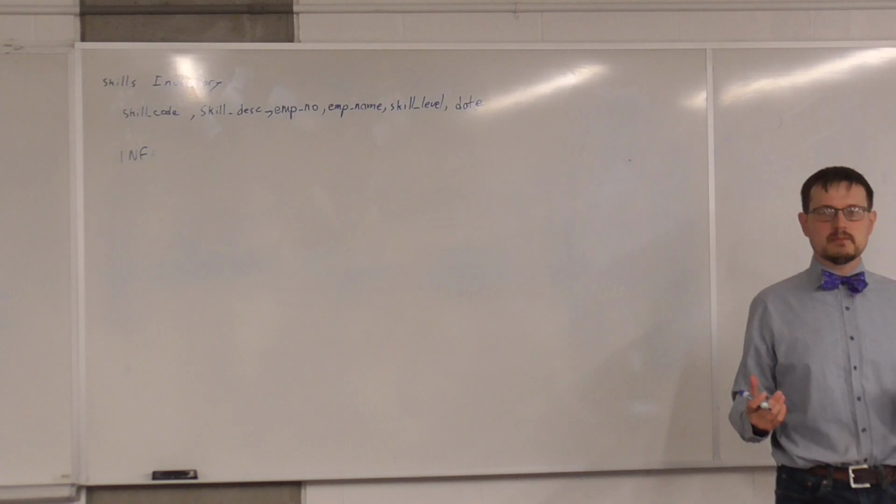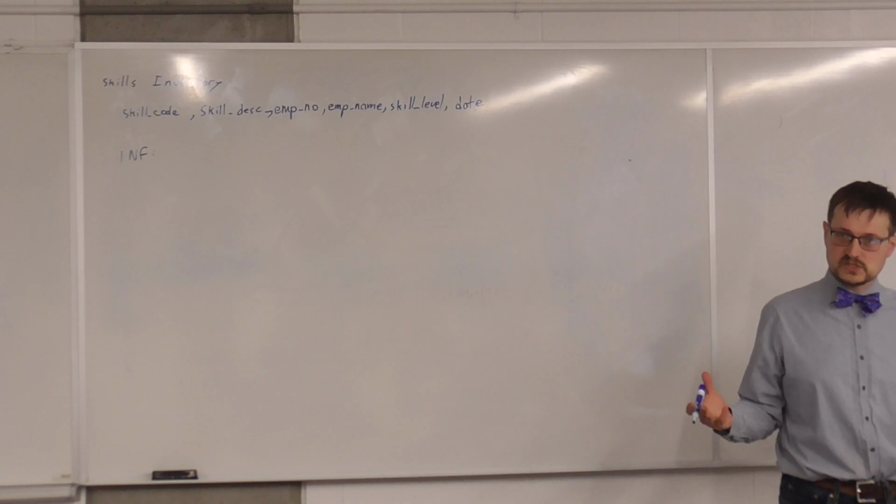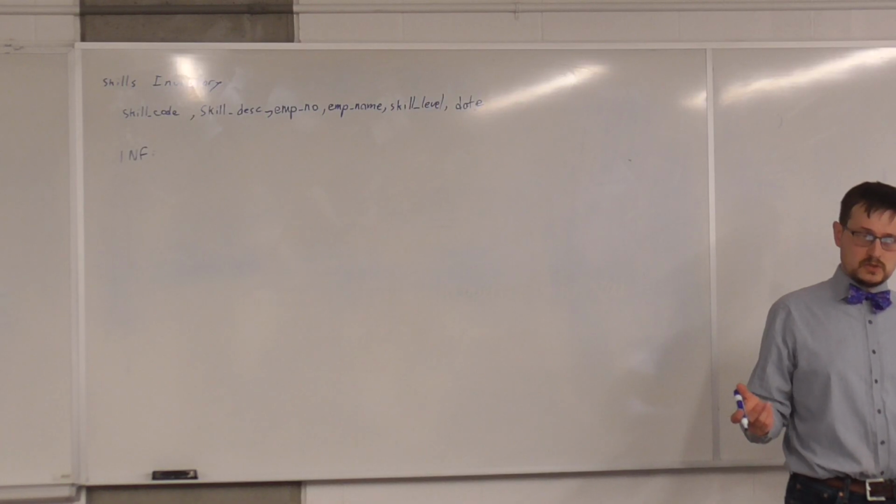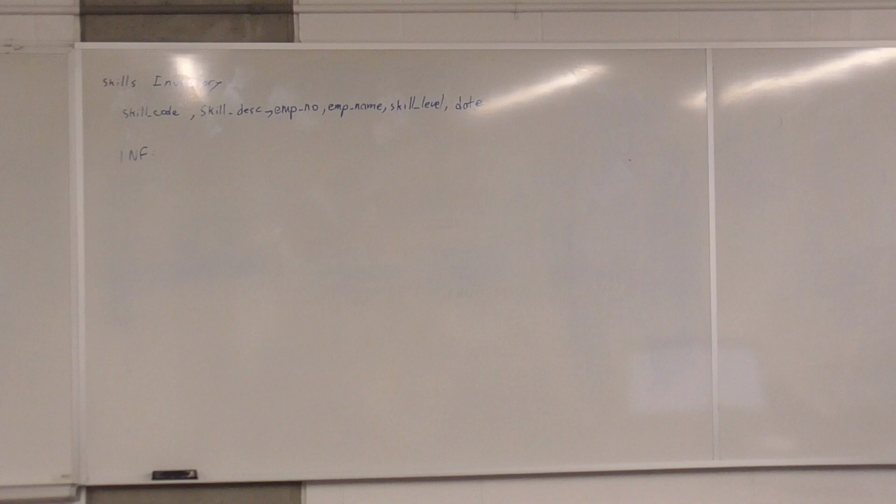What we're trying to come up with is the normal forms so that we can produce an entity relationship diagram. So it's sufficient to say there's going to be a column for date that everything's going to have something in. Yes, I think that's all of our entities.